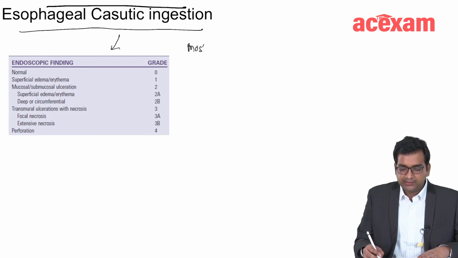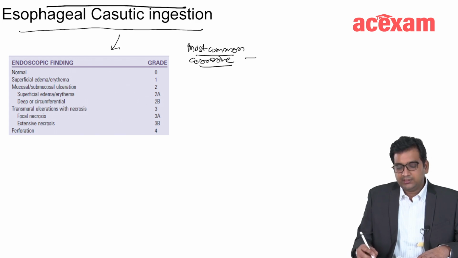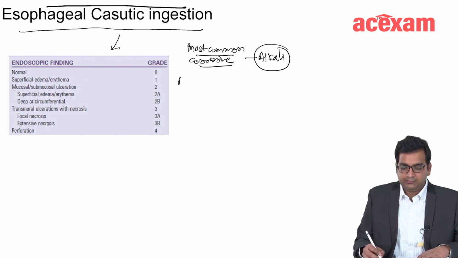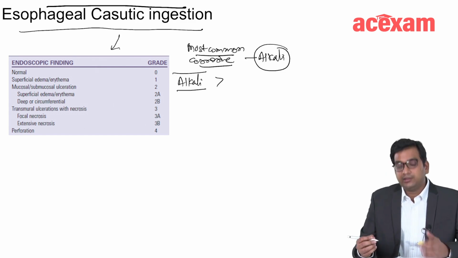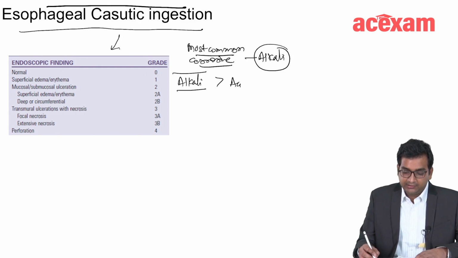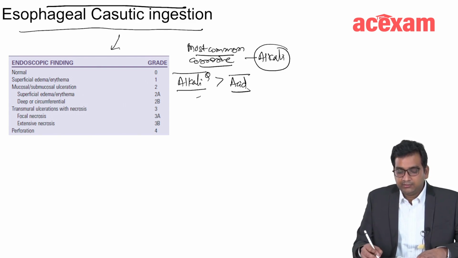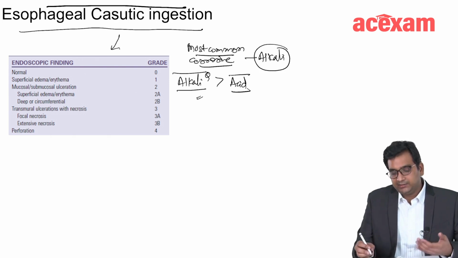The most common corrosive ingestion is alkali. The two types of corrosives or caustics which are commonly used are alkali or acid. Generally people prefer alkali because it is tasteless.